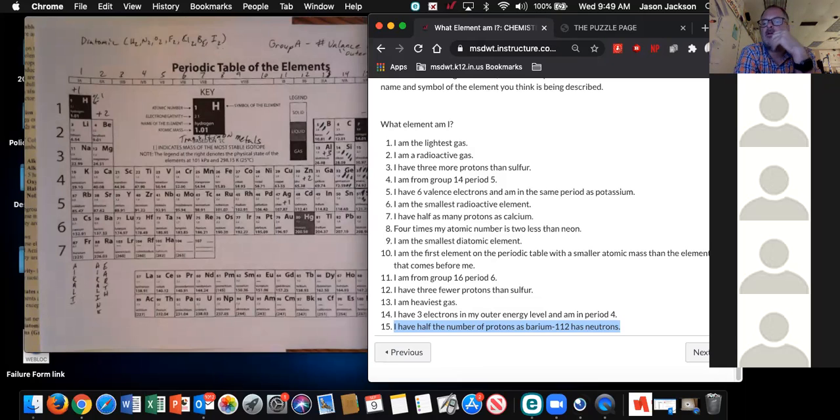I have half the number of protons as barium-112 has neutrons. No. Set a timer for 20 seconds.